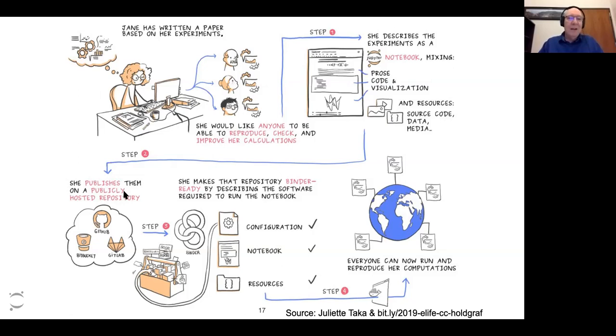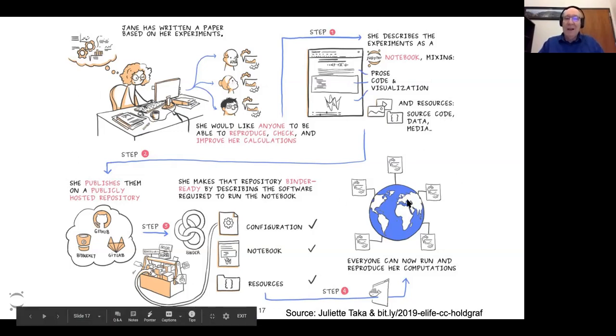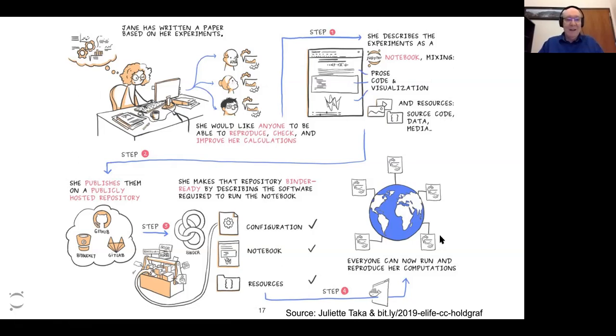Then you publish them in a public repository such as GitHub or GitLab or Bitbucket, et cetera. Then the next step is you need to set up your environment, like a Docker file or a Conda environment. And then you can share it either through Binder or CyVerse and make it accessible to anyone in the world. So that's a summary of this process.